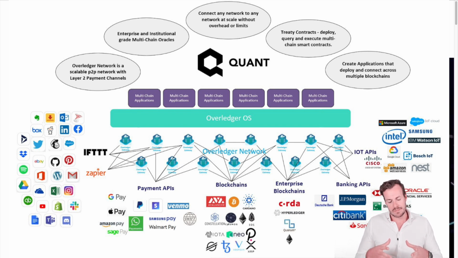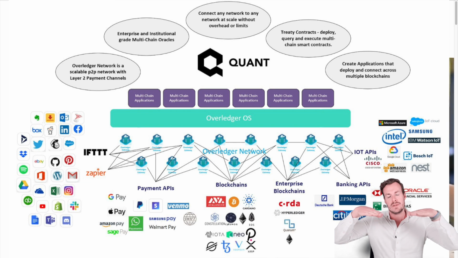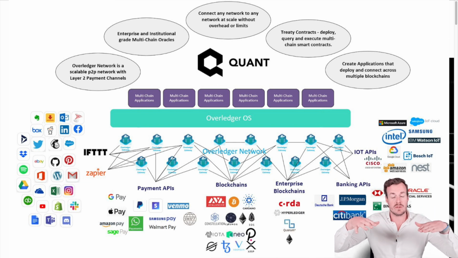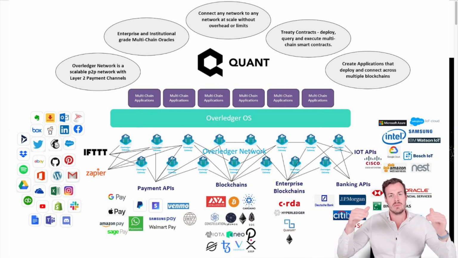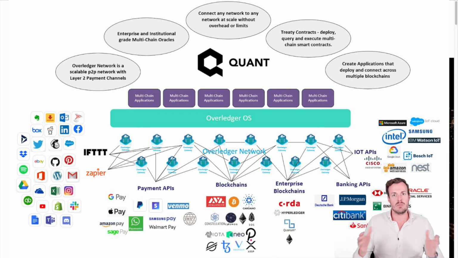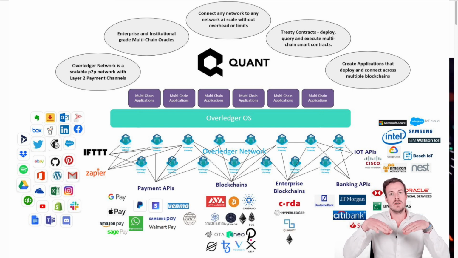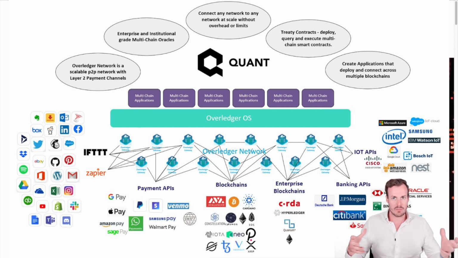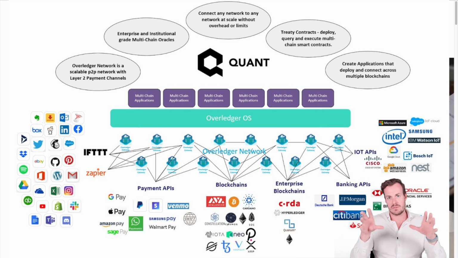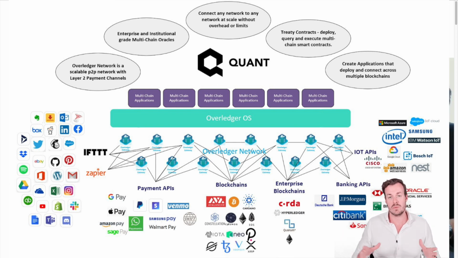So Quant Network decided to create something which is Overledger, which hovers above the different blockchains, making it able for developers and blockchains to connect with this operating system, and then making it able to, of course, get information from multiple blockchains and making sure that the information goes to different blockchains where it is needed.